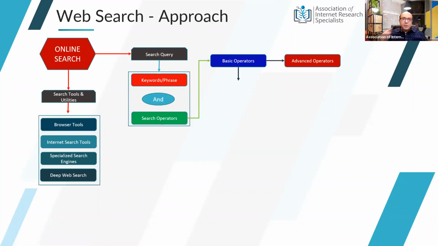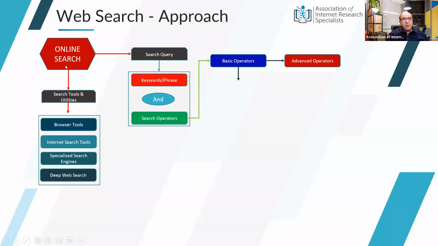Precision is where we use combinations of basic booleans as well as advanced operators, so that we have enough keywords to make the search return something with more precision. It is a more controlled search, and we call that precision search.